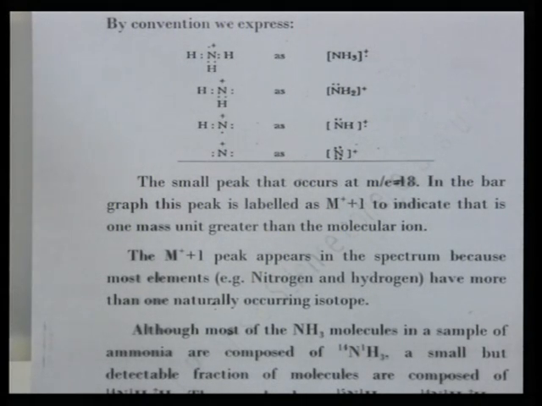The M plus 1 peak appears in the spectrum because most elements, including nitrogen and hydrogen, have more than one naturally occurring isotope.